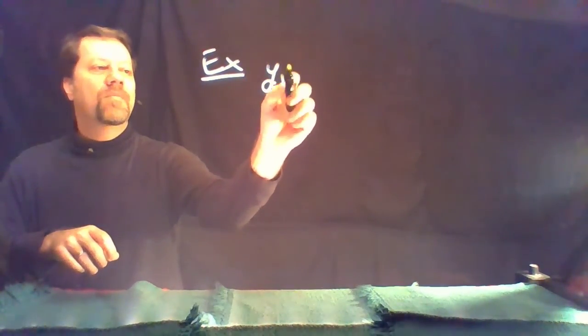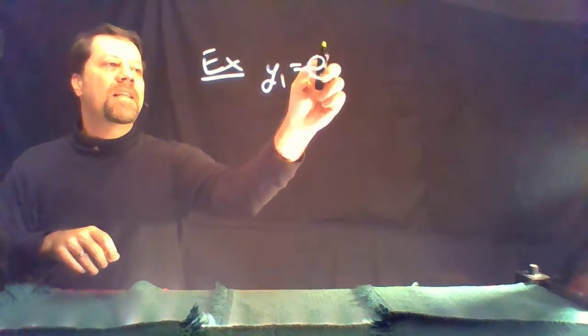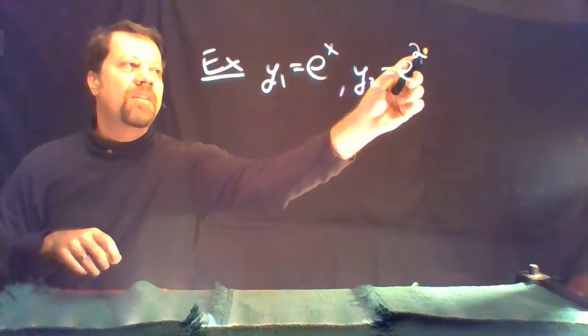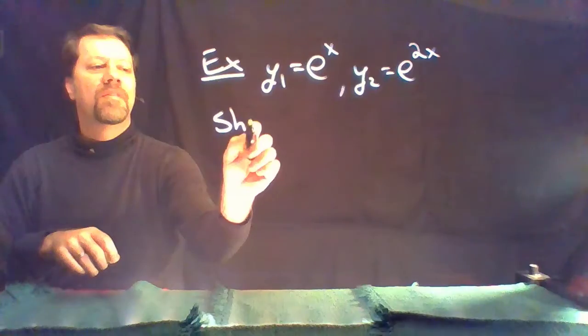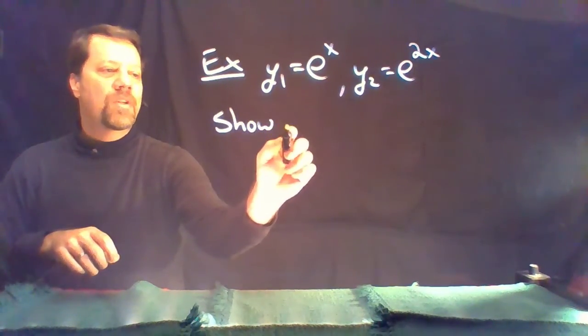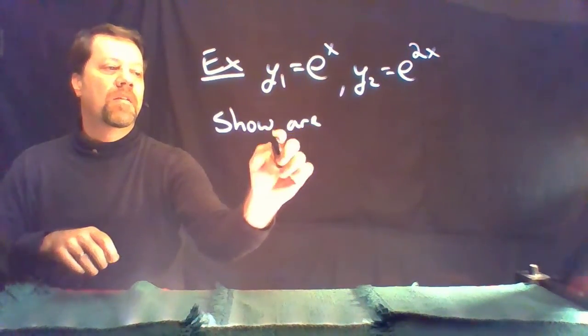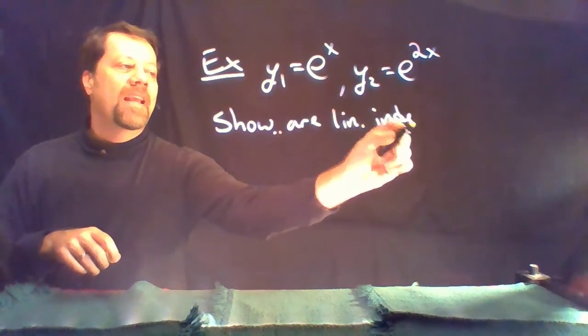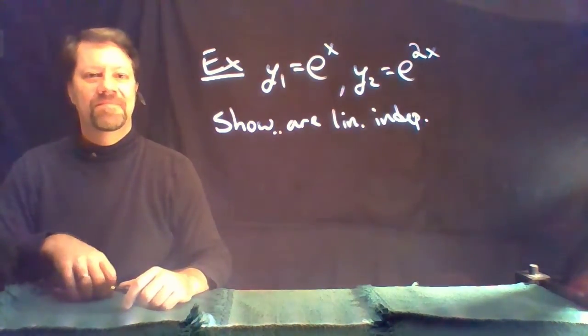Suppose y1 is e to the x and y2 is e to the 2x. Show that these are linearly independent.